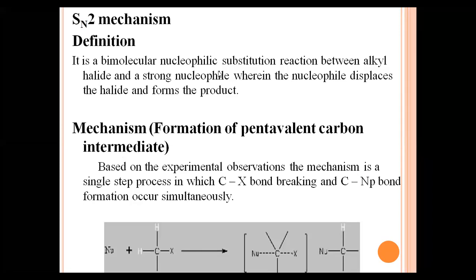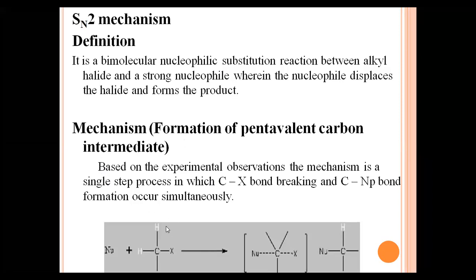So formation of pentavalent carbon as an intermediate is the mechanism of SN2. Based on the experimental observation, the mechanism is a single step process in which the C-X bond breaking and C-nucleophile bond formation occur simultaneously.